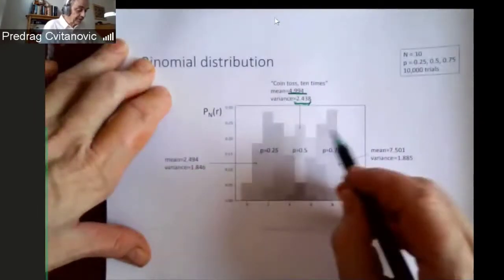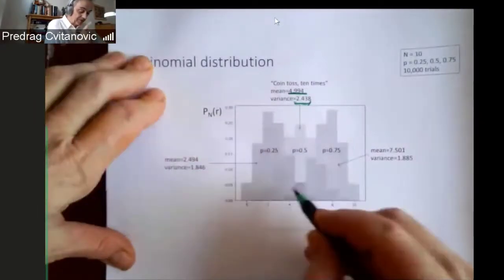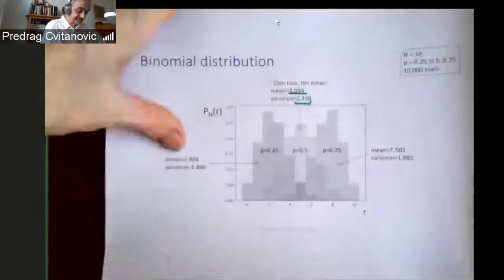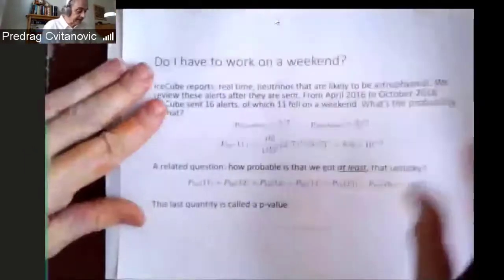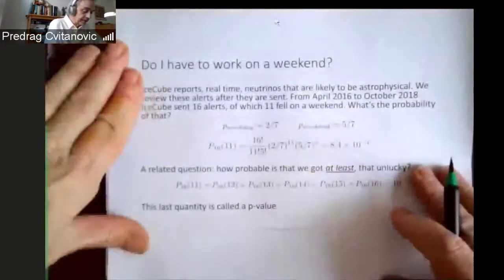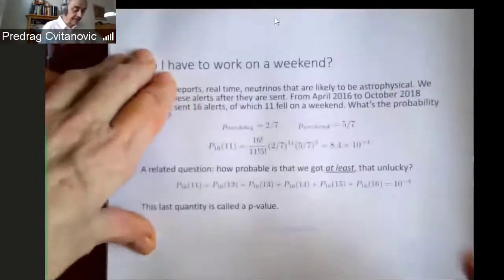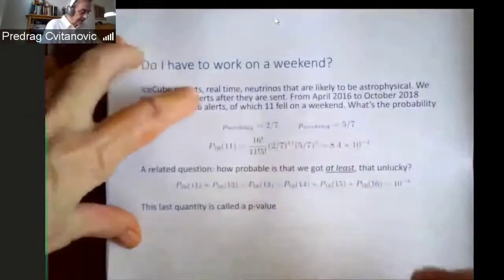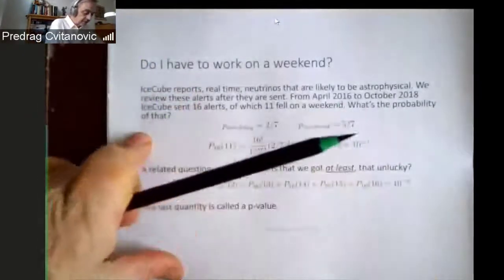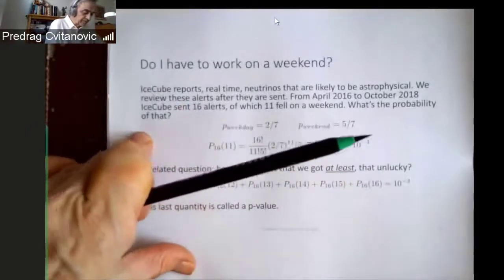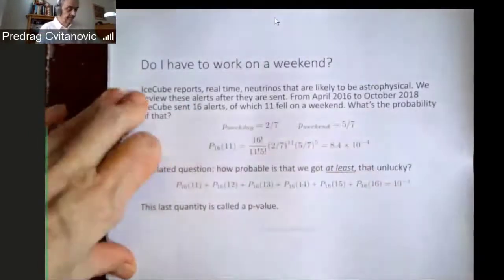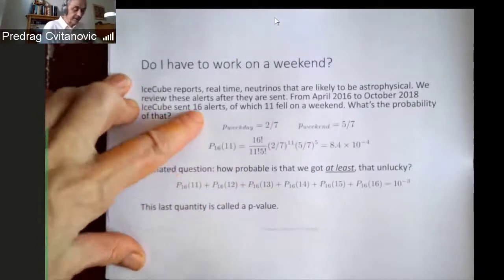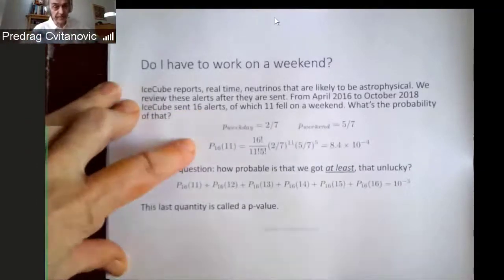You can also compute what's the probability that we got at least that unlucky, which means there could have been 12, 13, 14, 15, 16 events, and it doesn't help much. It's still very unlikely. So now this last thing has a name that you will often see. It's called p-value. So it's probability that you get something or more of the something.